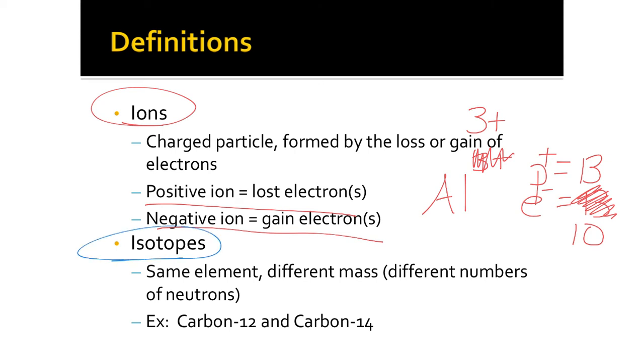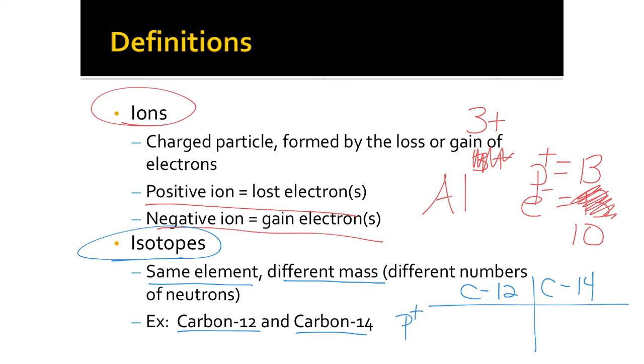Then we have isotopes. Isotopes are the same element with different masses, such as carbon-12 and carbon-14. So if we take a look at carbon-12 versus carbon-14. Okay, we find carbon on the periodic table. Carbon has 6 protons because atomic number is 6.